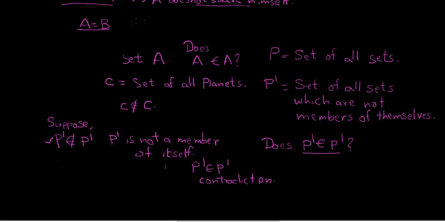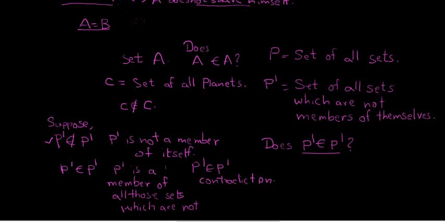So if we consider the other case, let us say that P prime belongs to P prime, then P prime is a member of all those sets which are not members of themselves.